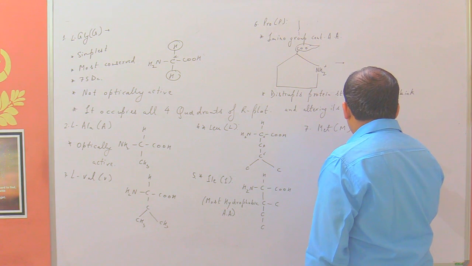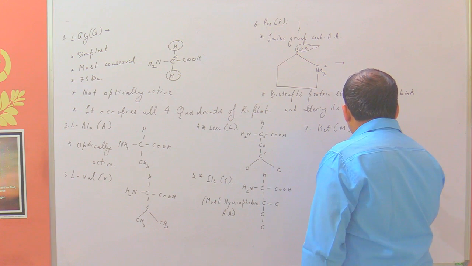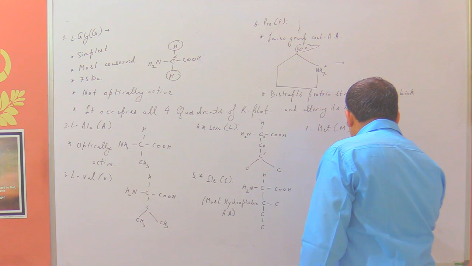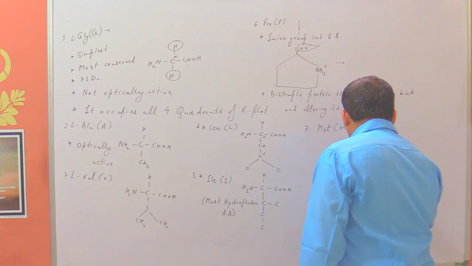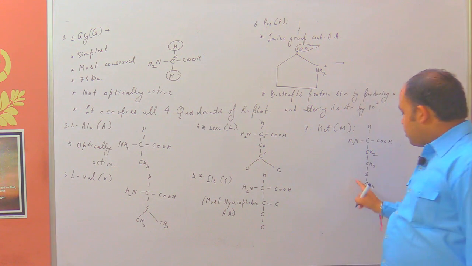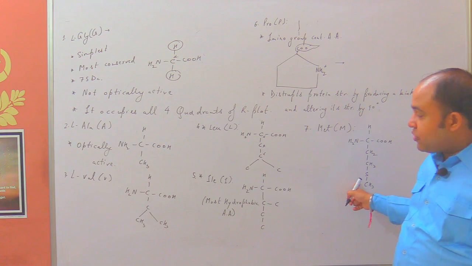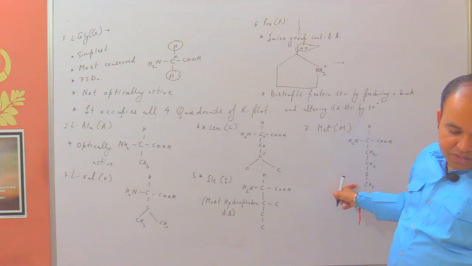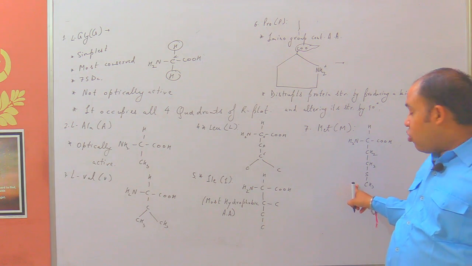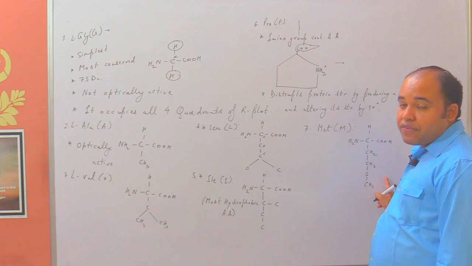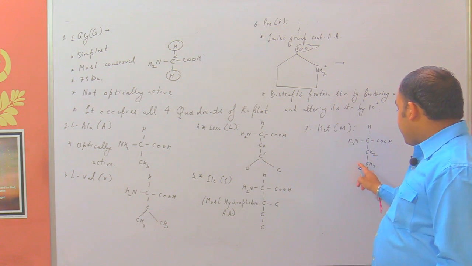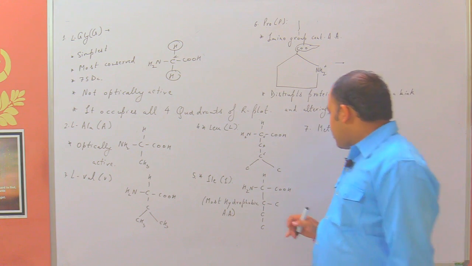COOH, H, NH2, C, S, C. See this, the sulfhydryl group is present, the thiol group, or the beta mercapto group. The sulfhydryl is sandwiched in between the methyl and the methylene groups which are present.